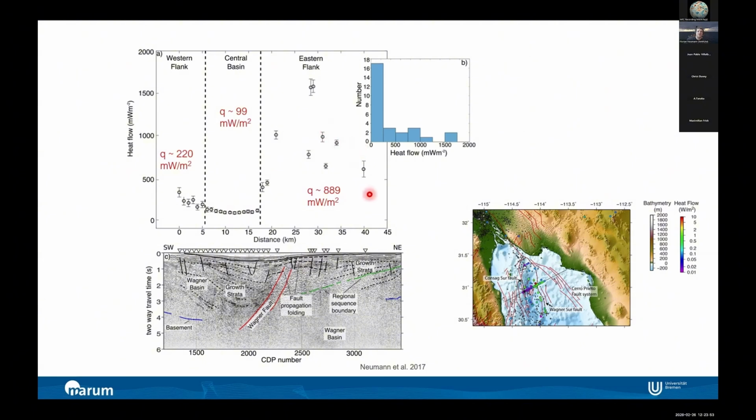This is why we measure higher heat flow values and also higher scatter in heat flow measurements. In contrast, in the central part, we measure almost consistent values. So this gives us an idea that this might be some kind of background heat flow in this particular basin.